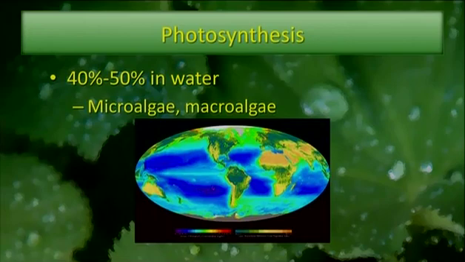That's where there's a lot of algae, where reefs and algae congregate and do photosynthesis. Chlorophyll, of course, is the molecule that enables photosynthesis. Microalgae are microscopic algae, and macroalgae are larger algae that are multicellular.